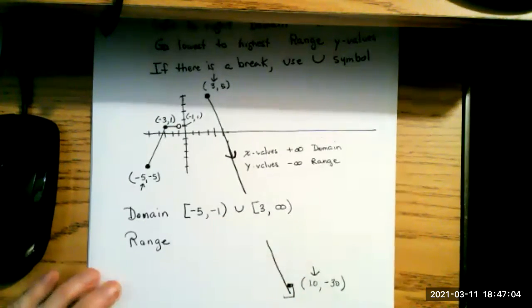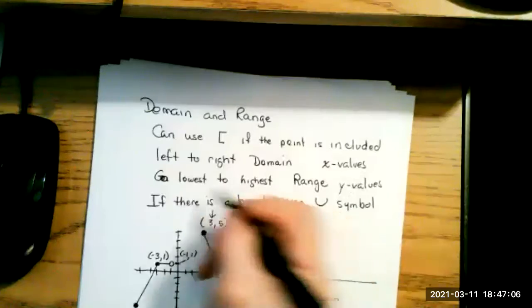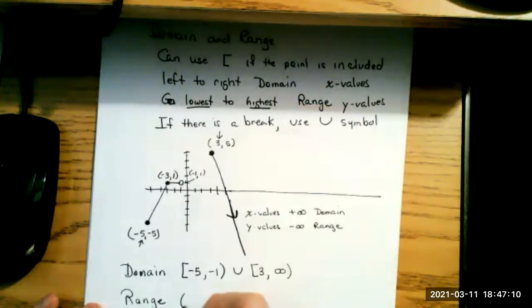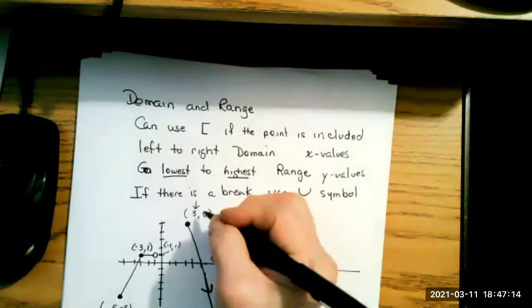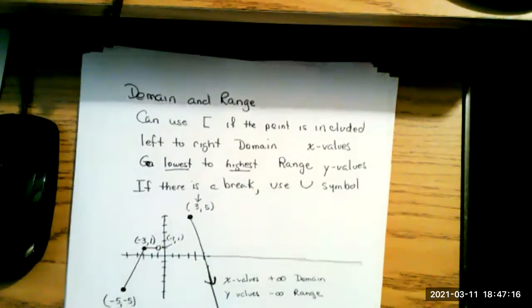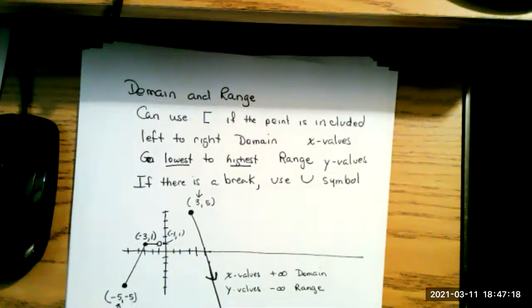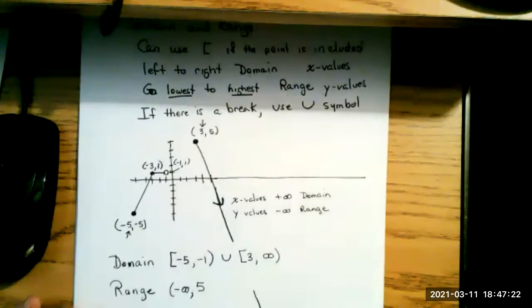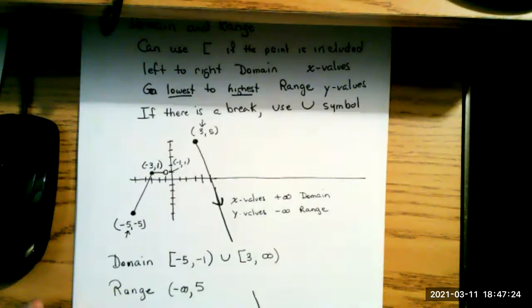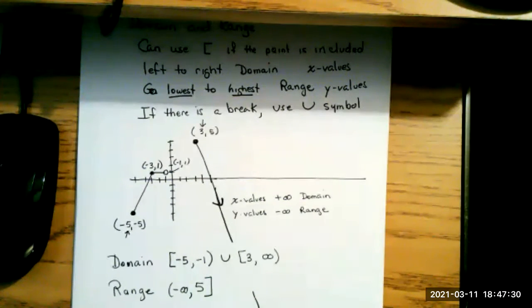So if I want to go from the lowest to the highest, my lowest one is negative infinity, and my highest Y value is what? 5. Does it include the 5? Yes, so we put a bracket. So there's your range and your domain.